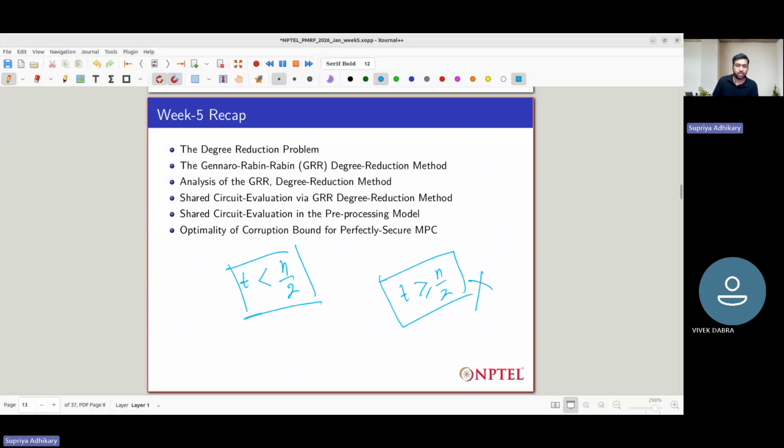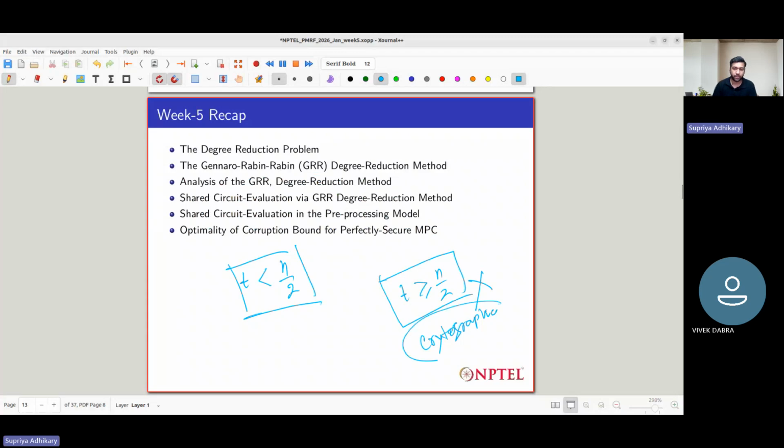In those cases, we have to depend on cryptographic primitives, which give us computational security. That means the MPC protocol is not perfectly secure, but it is computationally secure: if there is a polynomial time adversary, then that adversary cannot really break this kind of security.